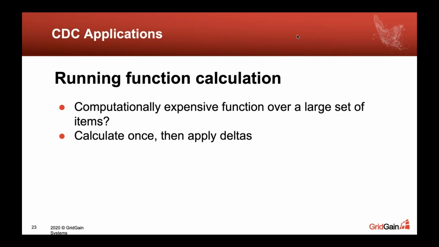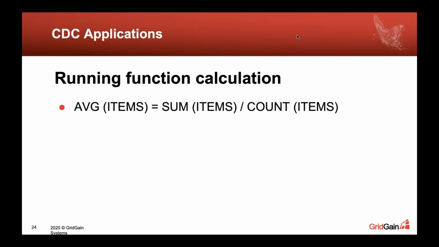If you can decouple this function in such a way that you can calculate an initial state, and then once the changes come, you can update this result, you would only need to update the result each time the data changes, and then you can query the result as many times as you want without the need to rescan the whole data set. As an example, let's take a pretty simple task. Let's say we want to calculate the average of some column in some table.